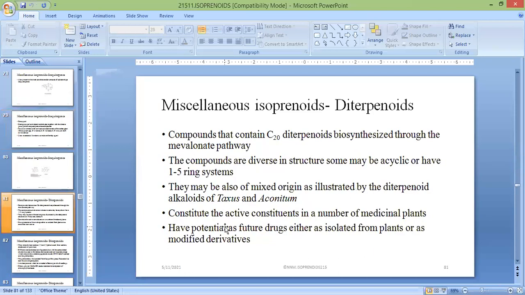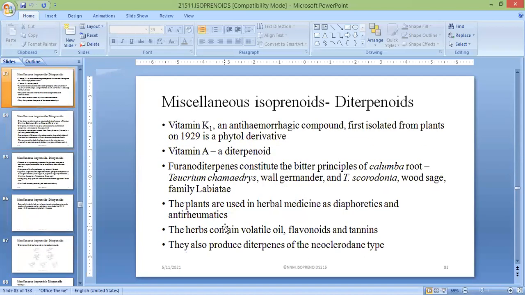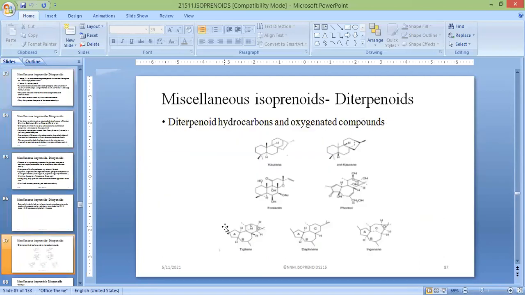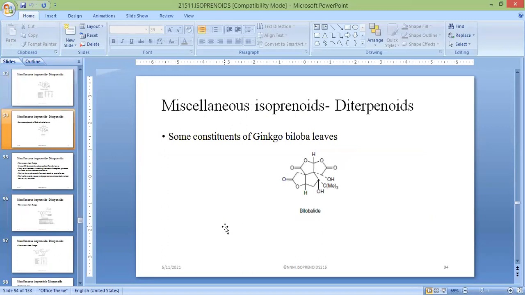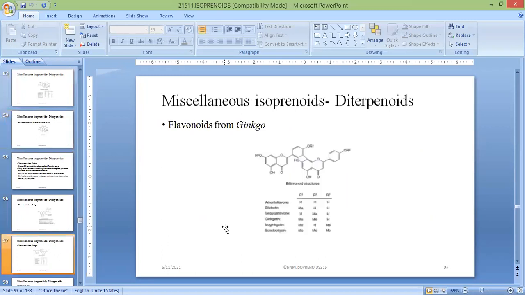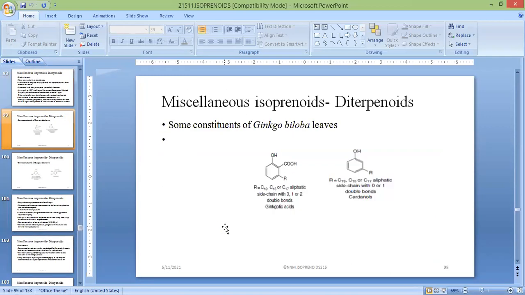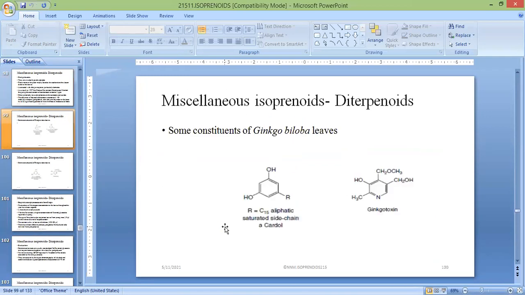So ginkgo biloba for memory and as a bronchodilator. That's the important diterpenoid. When you go to the triterpenoids, just remember the quassia wood. The tetraterpenoids, the carotenoids. Polyterpenoids, it's just rubber that is there. So that would be the summary for me for miscellaneous isoprenoids.